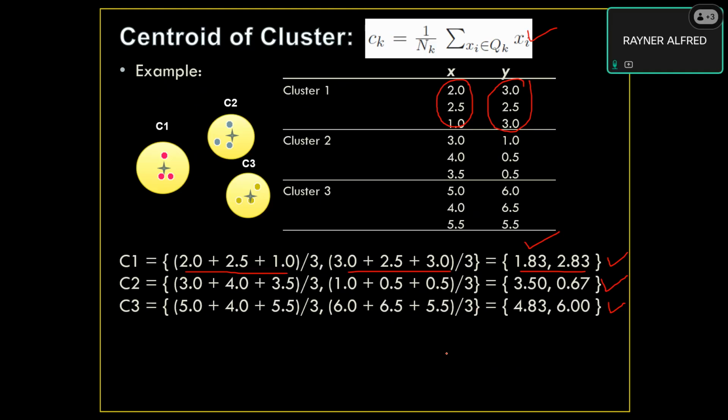That is the first thing we need to know: where is the centroid of your cluster? From here you can compute the compactness of your cluster, and at the same time you can compute the distance between two clusters. So the centroid is important. We need to find the centroid first.